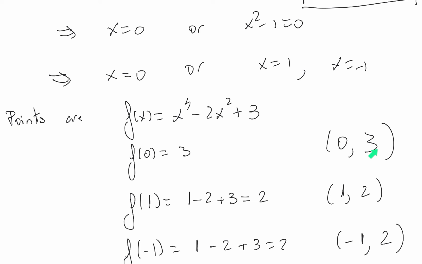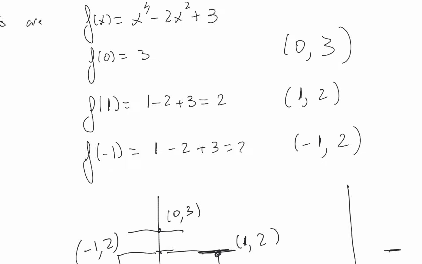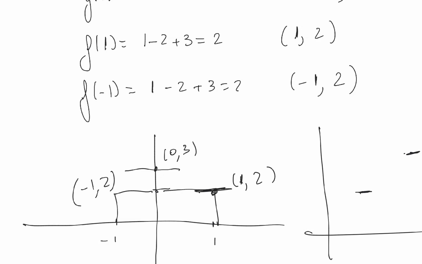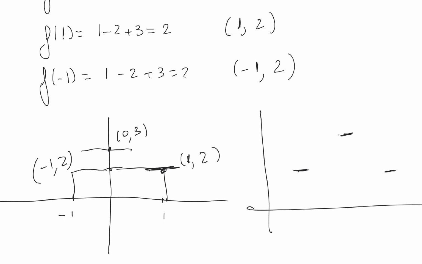When x equals 0, the function takes the value 3, because 0 minus 2 times 0 plus 3 is 3. At x equals 1, the function takes the value 2. At x equals minus 1, the function takes the value 2 also. So the question is, with this information, can we try to graph the function without using GeoGebra?